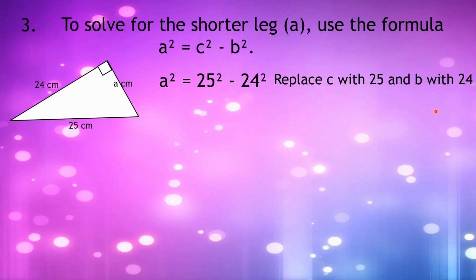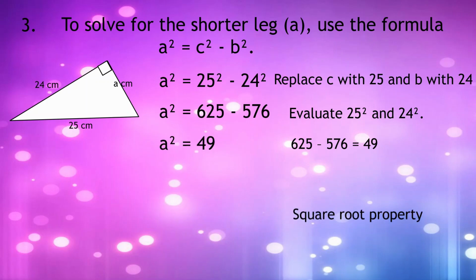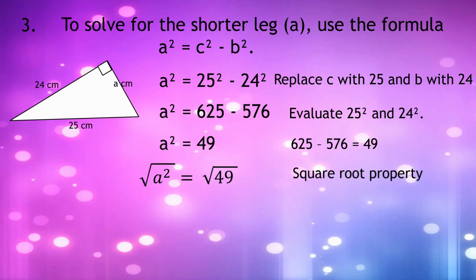Evaluate: 25 times 25 is 625, minus 24 times 24 is 576. Subtracting, the answer is 49. Then square root both sides and simplify the square root of 49. Then A is equal to 7 centimeters.